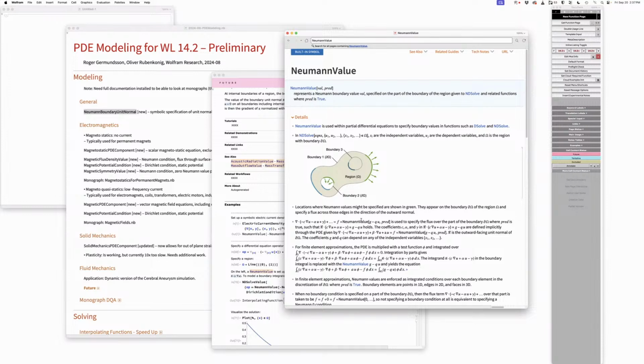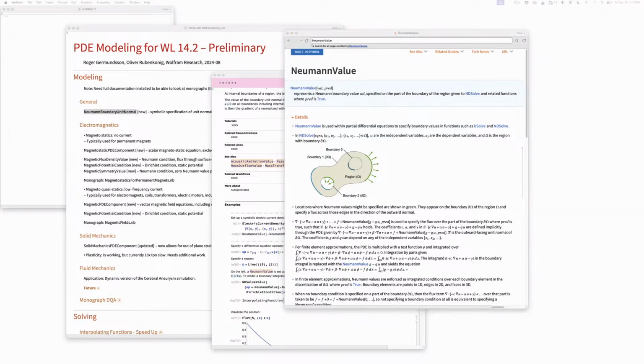That integration by parts yields an integral over parts of the boundary, and that integral over the boundary is replaced with a Neumann value. It has the same effect as if you had a Neumann condition. Correct. But this is how you have to do it with the weak formulation of the PDE.